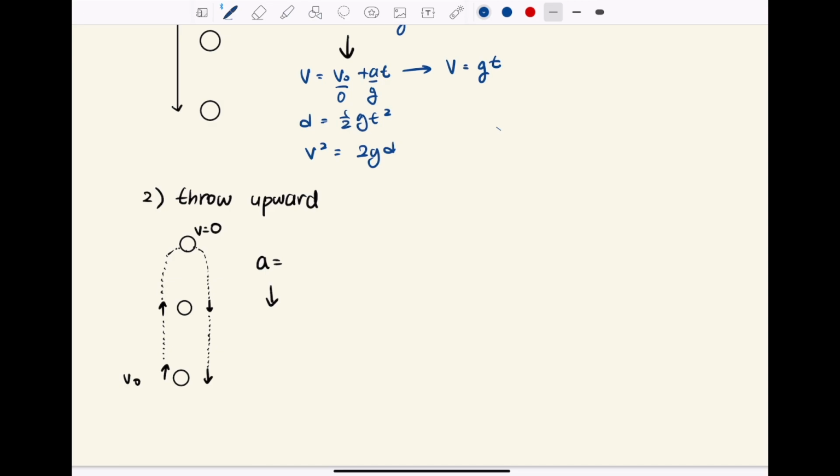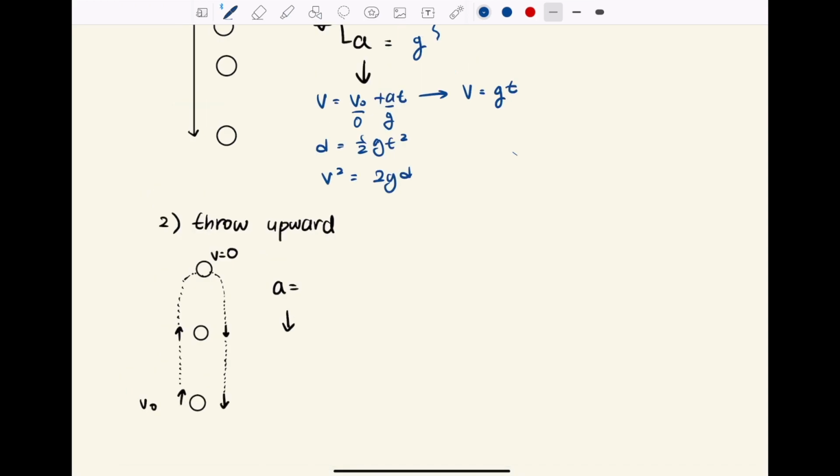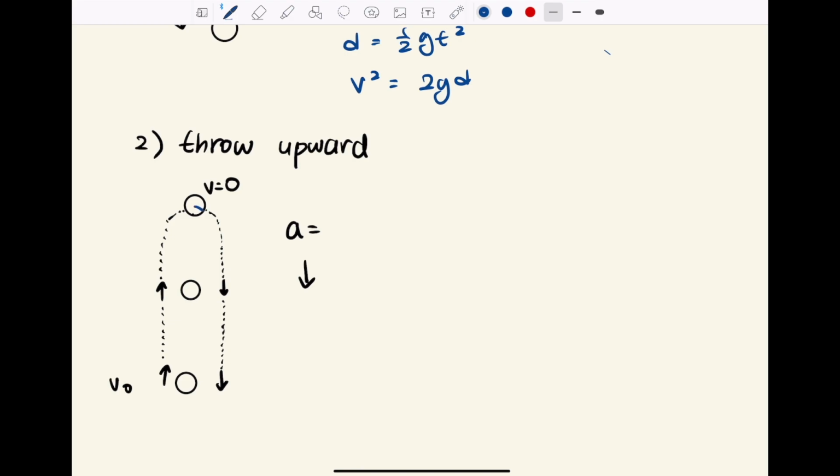Next, moving on to throwing upward. So the throwing upward motion is very similar to a free fall, as the second half, where the ball comes back down from the point where it hits the highest point, is the same motion as a free fall. But while it's going up, that would be the reverse motion of a free fall. So here the acceleration would be the gravity, because while the ball is up in the air the entire time, the only acceleration it has is the gravity, right?